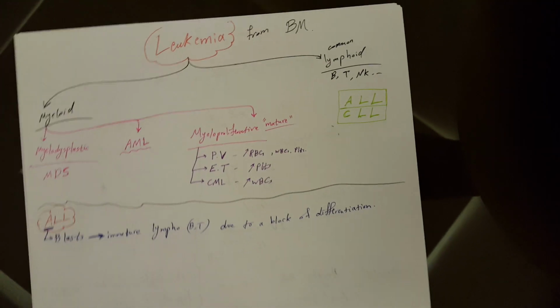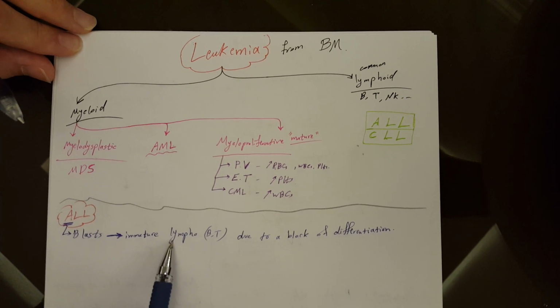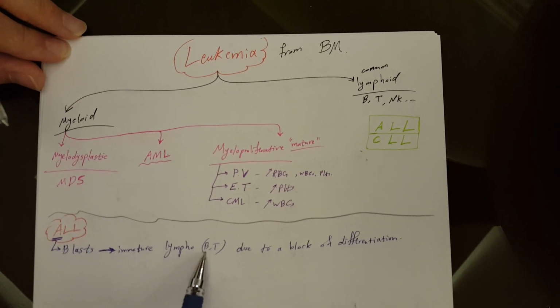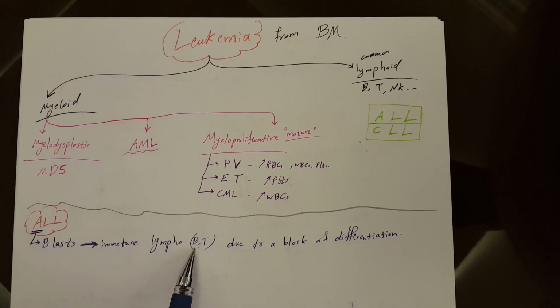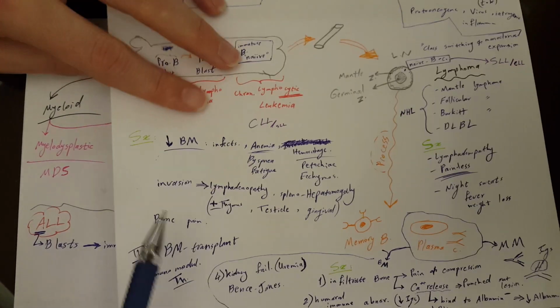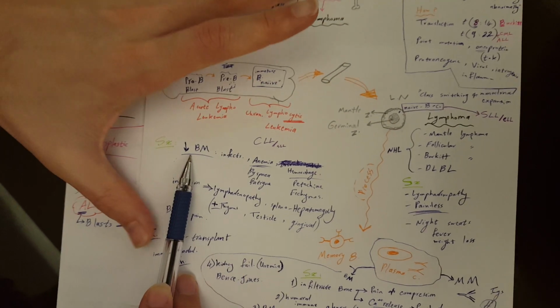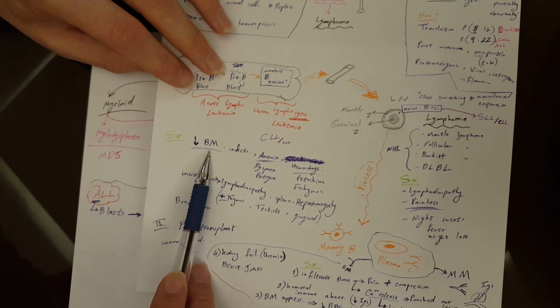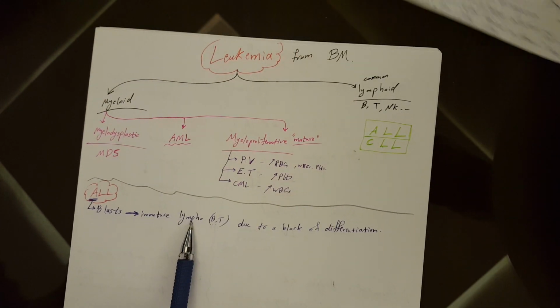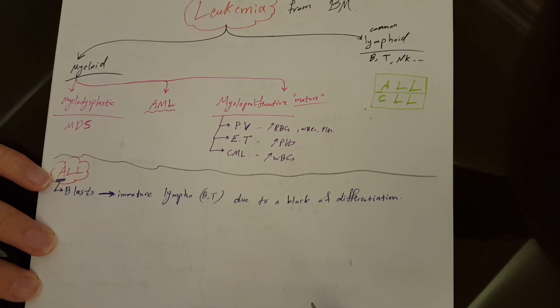So even though there's an increase in the B lymphoblasts, you will still get infections, as we said in the symptoms, because they will suppress the other bone marrow cells or blasts. So you still get infections even if it's a lot. So yeah, due to a block of differentiation.